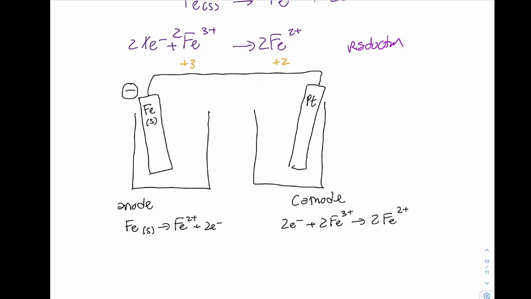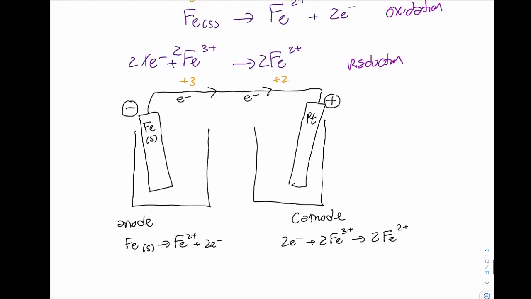My anode is my negative side. This is my positive side. My electrons are still moving from my anode to my cathode. I'm producing them on the anode side. I'm consuming them on the cathode side. In solution here, I have iron 2 plus. Here in solution, I have iron 3 plus and iron 2 plus.